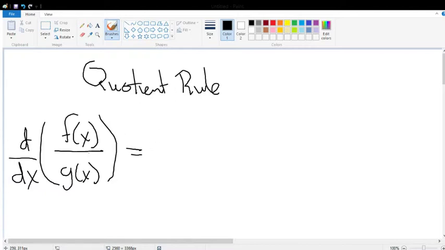Okay, so the quotient rule says that if you have two functions, one divided by another, I'm gonna give you the definition first, and I'll show you an example of what this means.